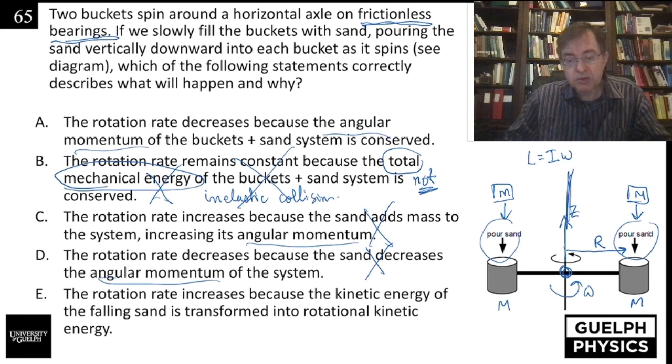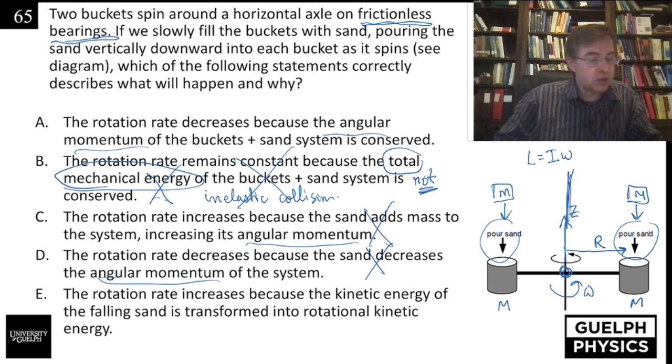Okay, and so we're left between choices A and E. Now, choice E is that the rotation rate increases because kinetic energy of the falling sand is transformed into rotational kinetic energy. Now, it is possible to transform translational kinetic energy into rotational kinetic energy, but the conclusion that it would increase the rotation rate doesn't necessarily follow, okay?